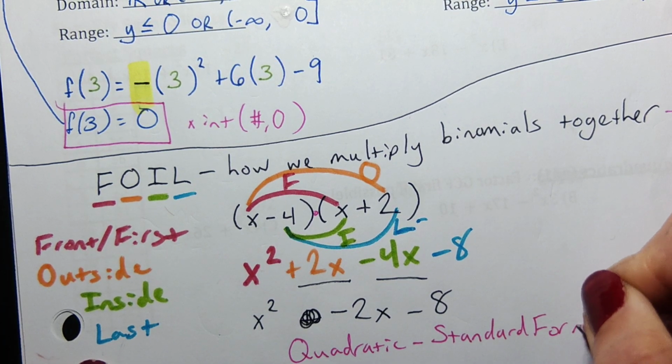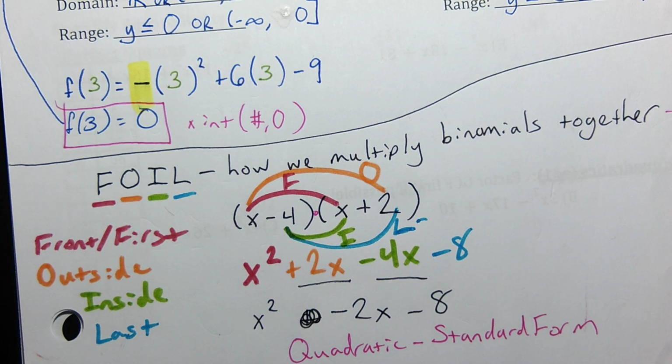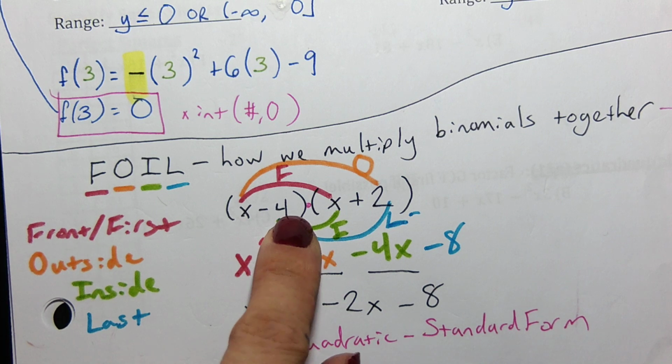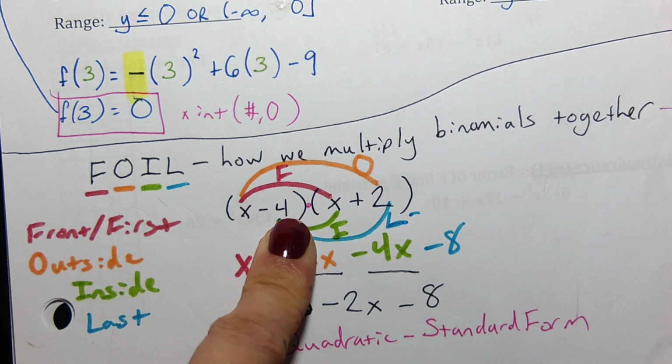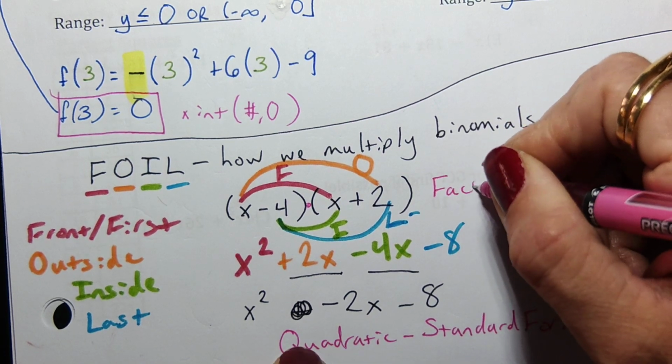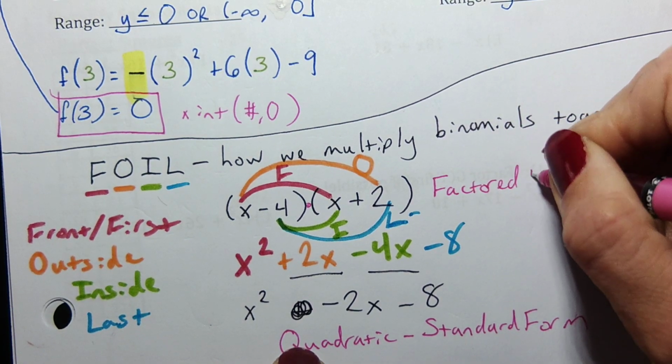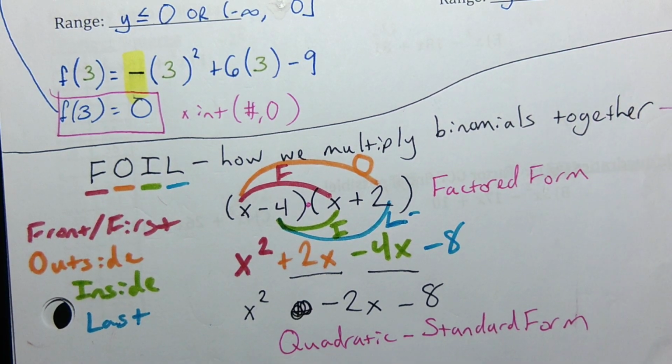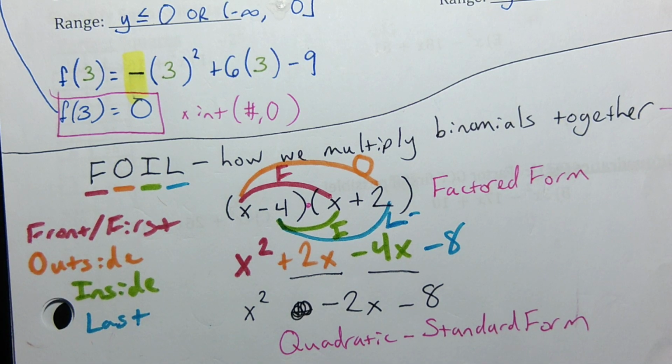Which is the form we've been seeing for this entire chapter with using negative b over 2a and making our graph. This form up here is also a quadratic, but it is in factored form. And factored form, we actually saw in the previous unit when we were talking about polynomials and their multiplicities.